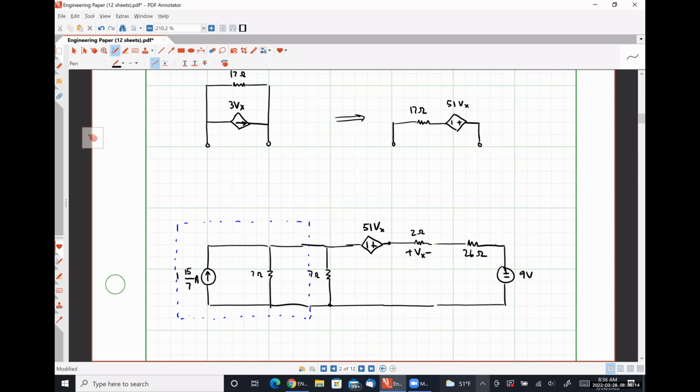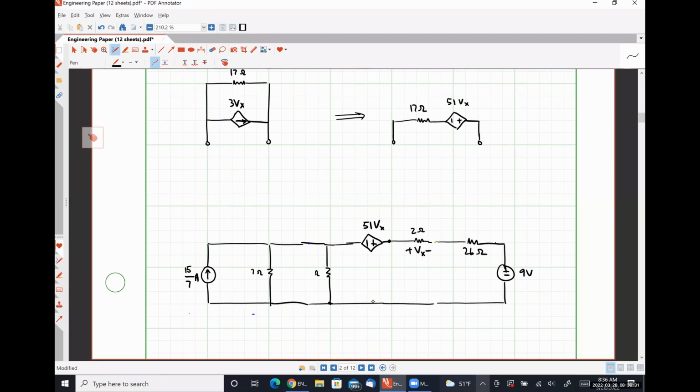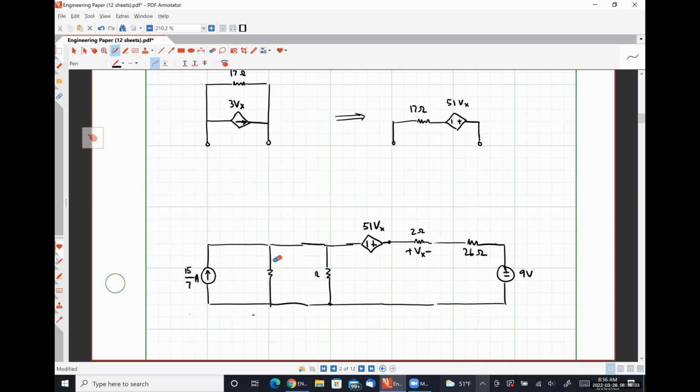And as I suggested earlier, we now see that the two 7 ohm resistors are in parallel, so we can combine them. So what do two 7 ohm resistors in parallel look like? 3.5, right? Because it'll be 7 times 7 over 7 plus 7, 49 over 14 is exactly 3.5. So I'm just going to call this 7/2.